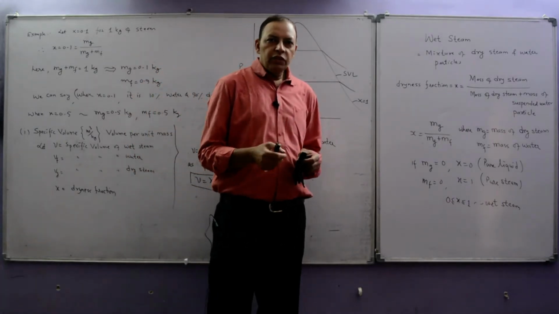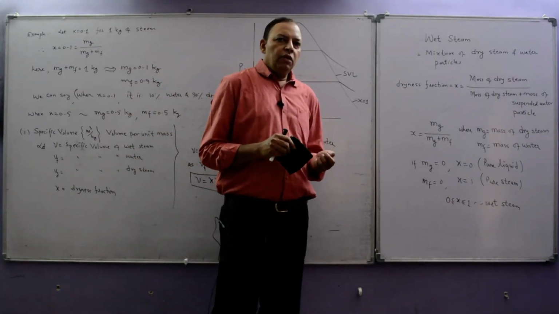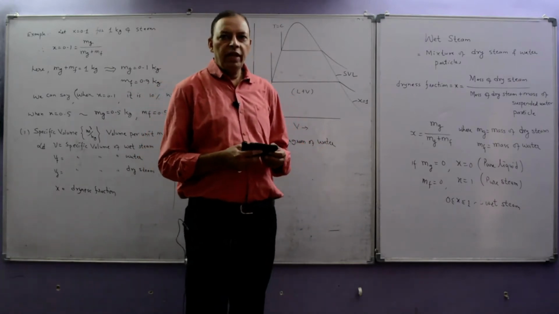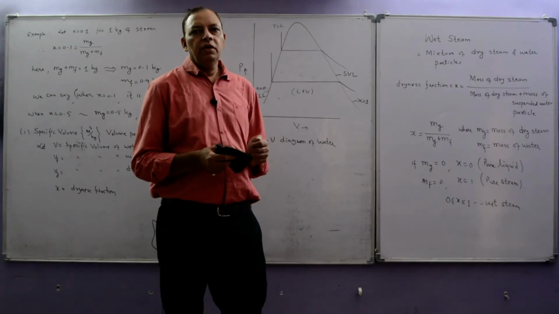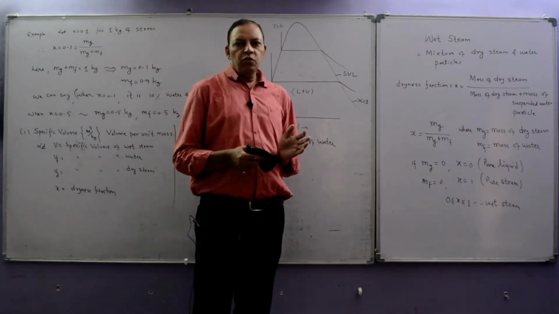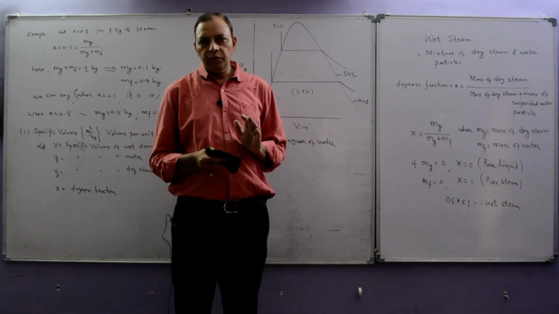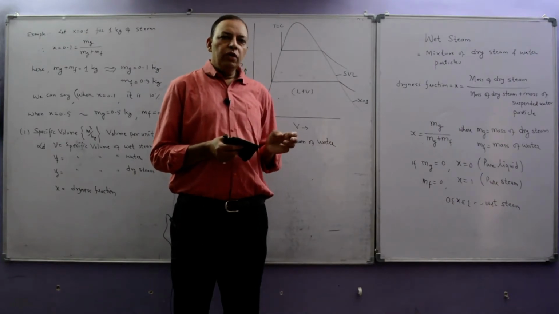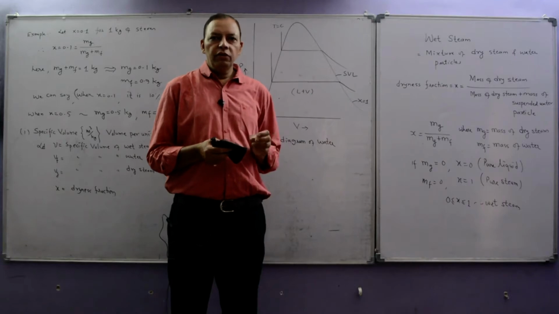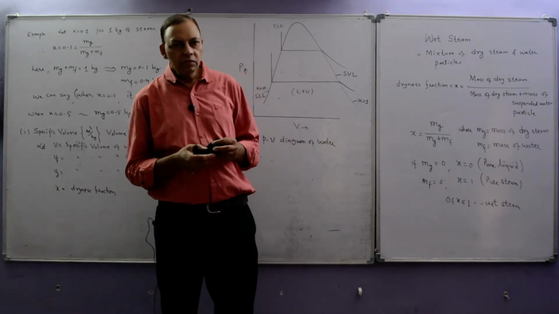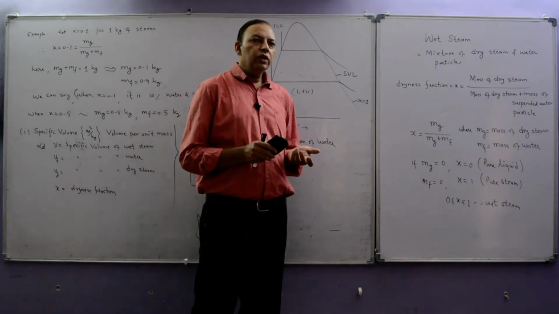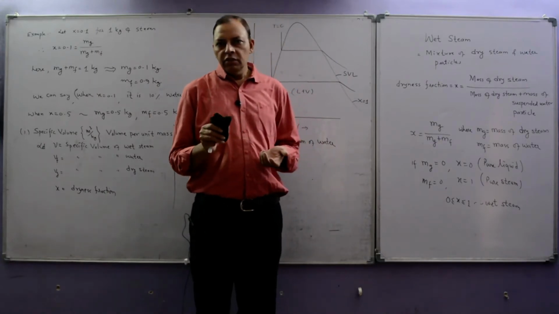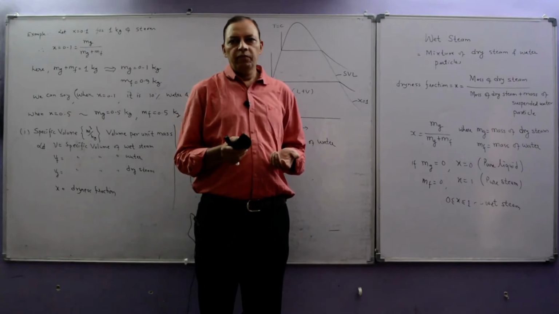In our previous lecture, we studied phase transformation of ice to water at constant pressure, and we also learned what is sensible heat, what is latent heat, and what is the saturated liquid line and what is the saturated vapor line.